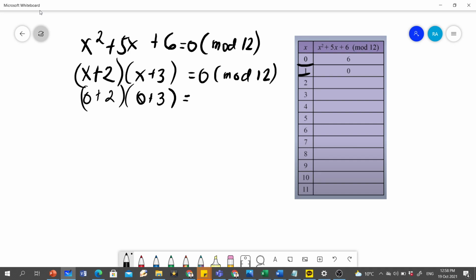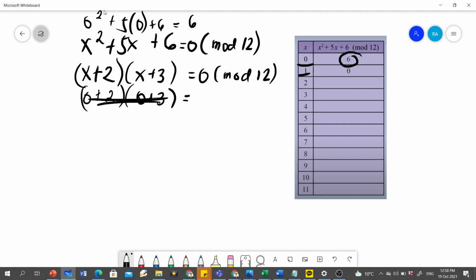So if we substitute values here, if x is equal to 0, what is the value? Referring to the equation x squared plus 5x plus 6, 0 squared plus 5 multiplied by 0 plus 6 equals 6.